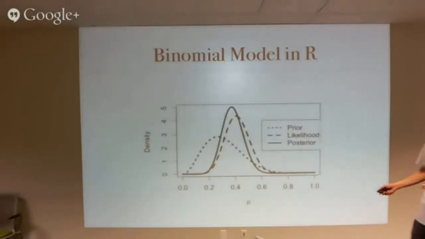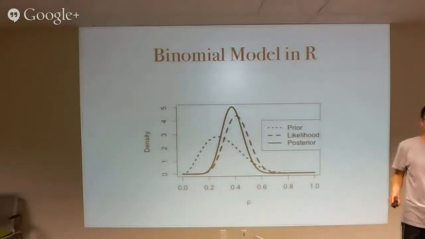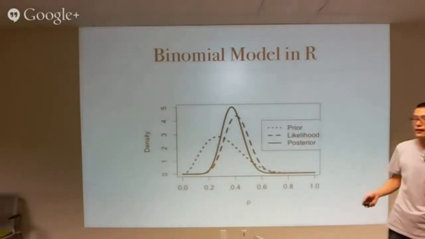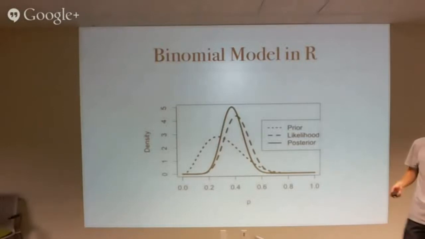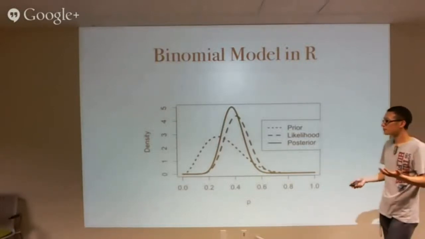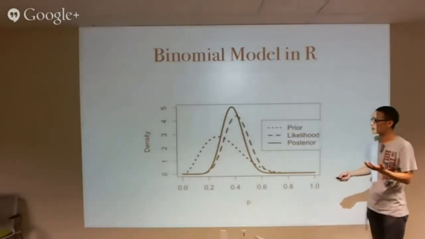If the prior probability is not a uniform distribution but a beta distribution, we can actually get similar results from the Bayesian analysis.